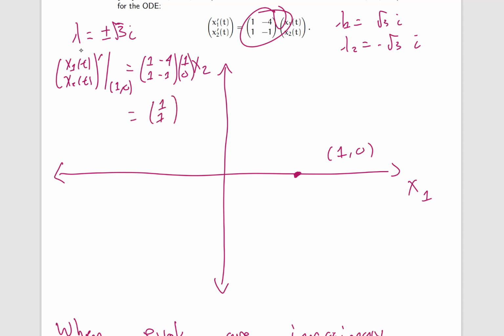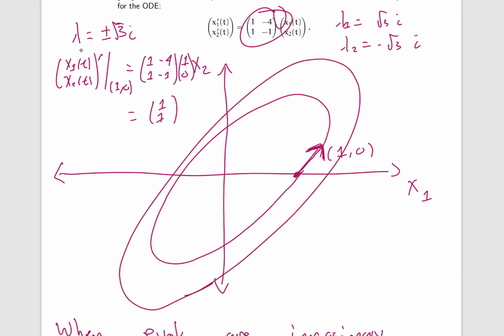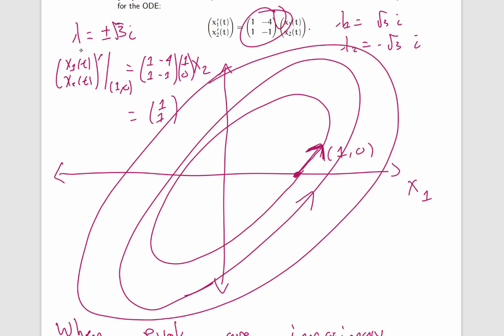And so I know that the solution curve, when it passes through this point, is going in this direction. This tells me that the ellipse is going to look something like this, oriented this way and going in the counterclockwise direction. All the other ellipses are going to be like this as well, all going in the counterclockwise direction.